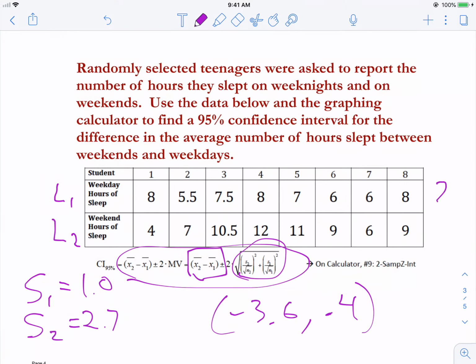This one was 7, this one was 8.6, but that difference that we saw just by looking at those means was not enough to say that there was a difference in the entire population. Okay, I hope this helps, and I'm going to have you guys practice some problems, and hopefully you can use this information in the calculator to help you make more sense of this.